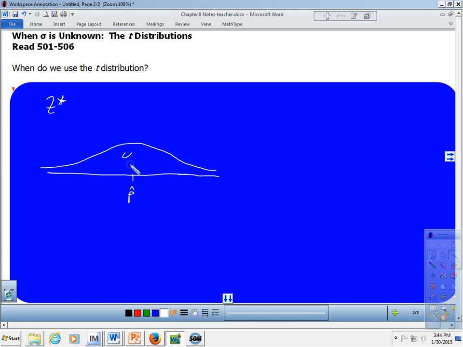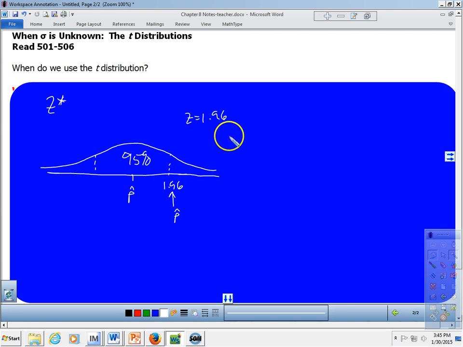So when we talked about finding the z-score that corresponded to 95% of those p hats being in here, which was 1.96, we sort of glossed over the fact that this 1.96 is a z-score that corresponds to an actual p hat. This is an actual p hat value, right?